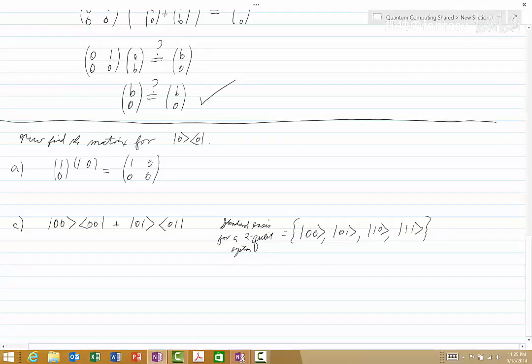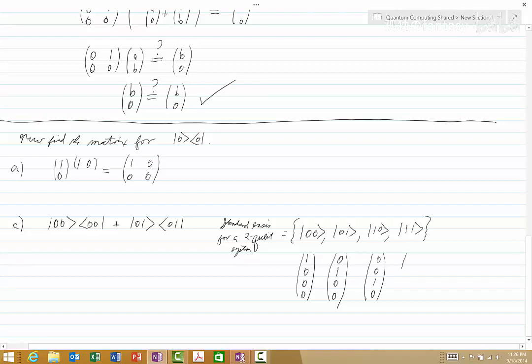So when we want to find the column vector corresponding to these, now we're in 4 dimensions, because we have to have 4 basis vectors here, and we will list the first one as (1, 0, 0, 0). The second one will be (0, 1, 0, 0). The third one will be (0, 0, 1, 0).